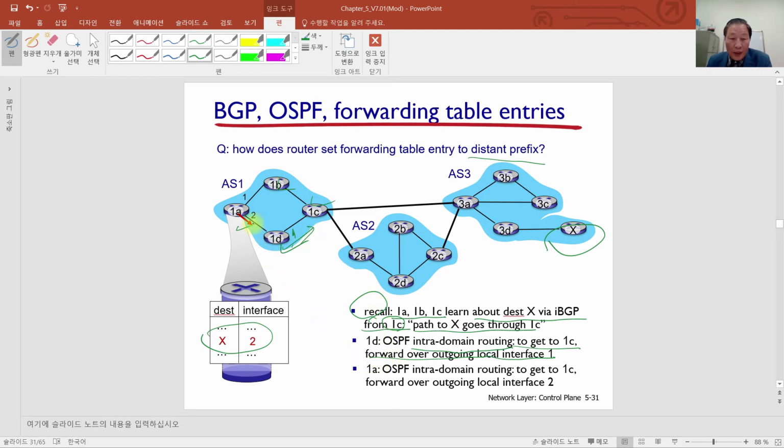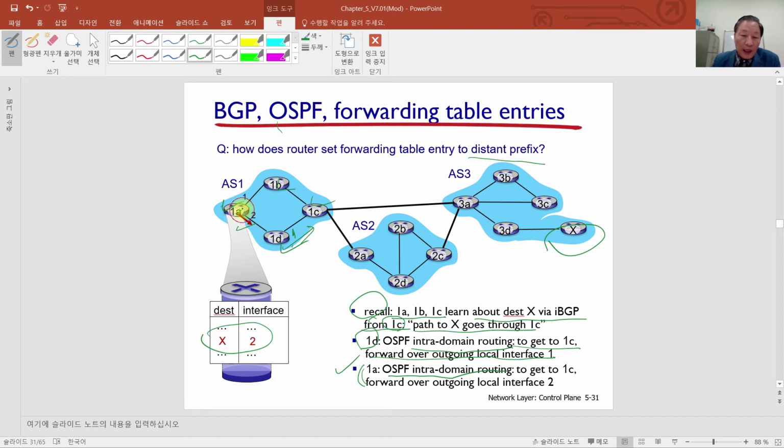Let's focus on 1A here. On A, OSPF intra-domain routing to get to 1C. This explains how this interior gateway protocol, OSPF, is being used internally.